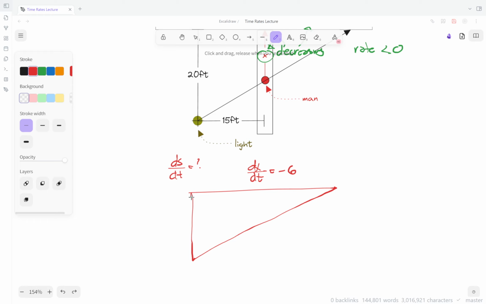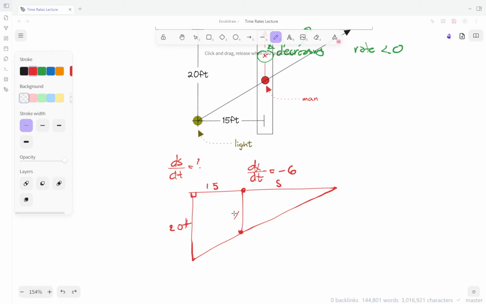Here you get 20 feet, and then it's given that the distance of the pathway is 15, so we're going to specify here 15. And then we're going to specify that this one is s. It's a bit larger than the drawing earlier, but remember, this will change over time, so it doesn't really mean much.